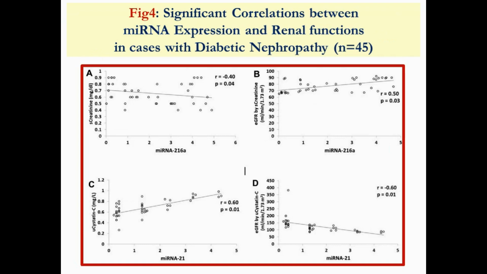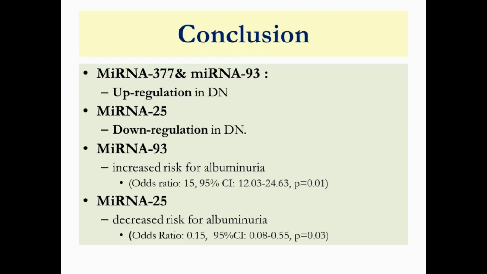And when studying the group with diabetic nephropathy, microRNA 216A was negatively correlated with serum creatinine and positively correlated with estimated glomerular filtration rate using creatinine, while the microRNA 21 was positively correlated with the levels of urinary cystatin C and negatively correlated with the estimated glomerular filtration rate using cystatin C.